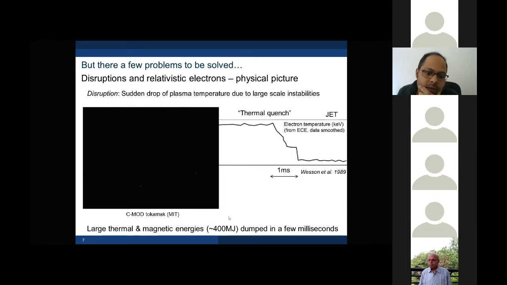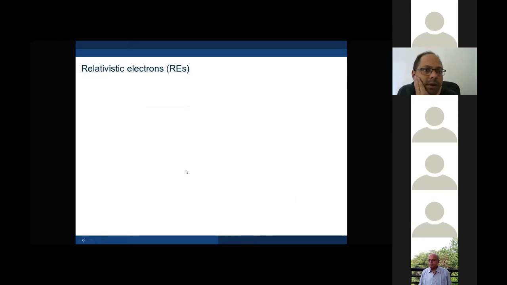Likewise, a sudden loss of magnetic energy, the poloidal magnetic energy, can lead to very large currents on the containing vessels, and they lead to a very large amount of forces. And one side effect of this is called relativistic electrons.